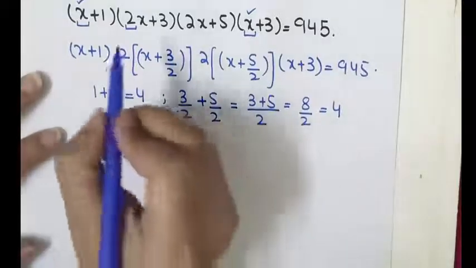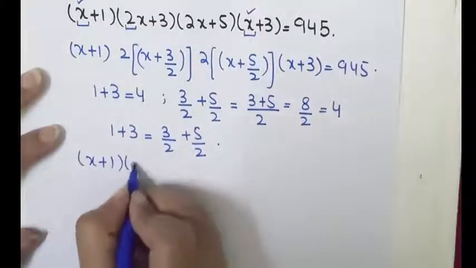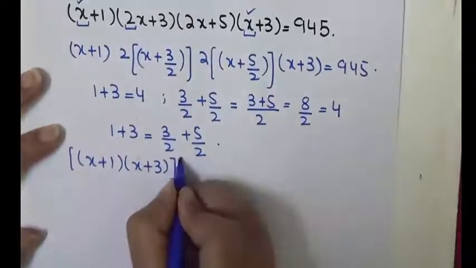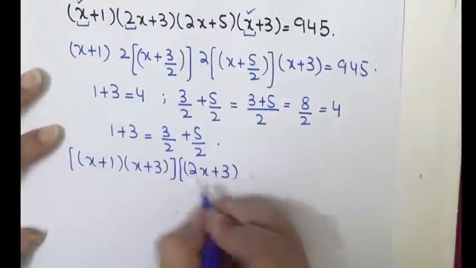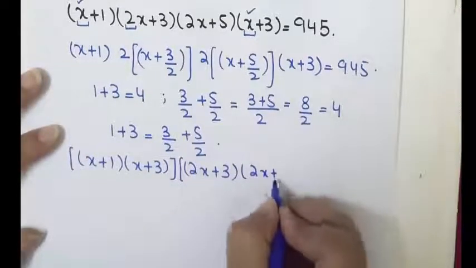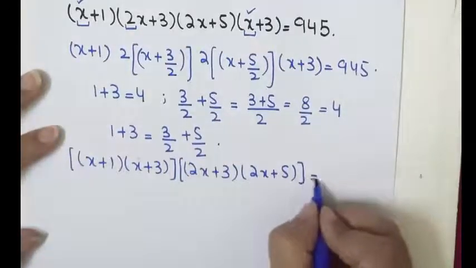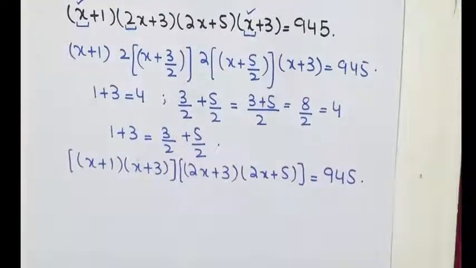So now we will combine (x + 1) and (x + 3). Secondly, we will combine (2x + 3) into (2x + 5), equal to 945. So now quickly we will do the multiplication.